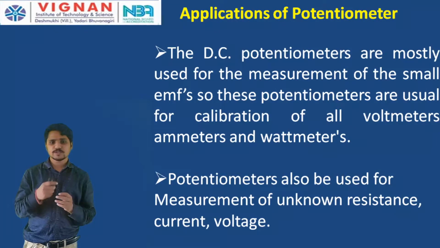By using this potentiometer, we can check the correctness of the ammeter, wattmeter and voltmeter. So these are the applications of potentiometer in the laboratories. That means by using this potentiometer, we can check whether the given ammeter, wattmeter or voltmeter is working properly or not. So this is the application of the potentiometers.